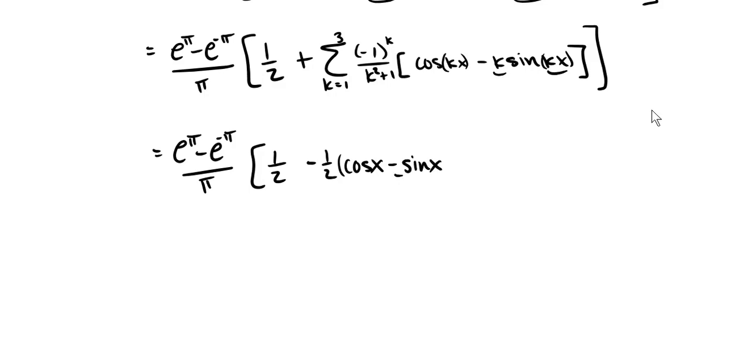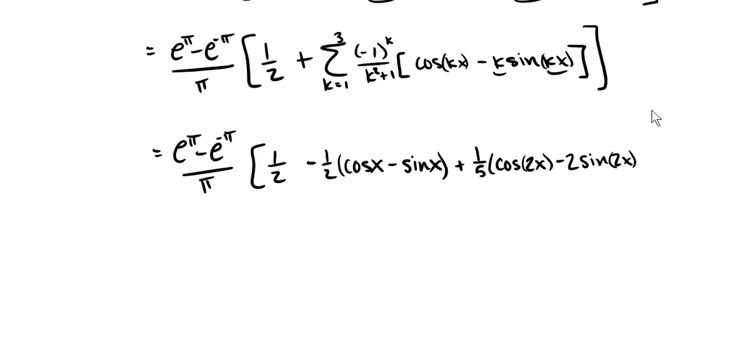When k equals 2, I get a positive 1 over 5 cosine of k is 2, so 2x minus 2 times sine of 2x. And I forgot the k equals 3.